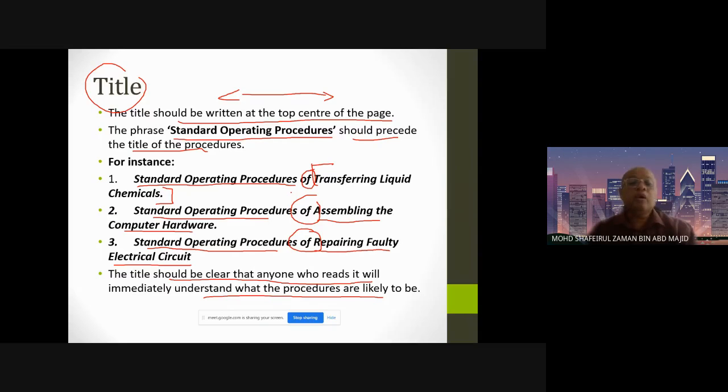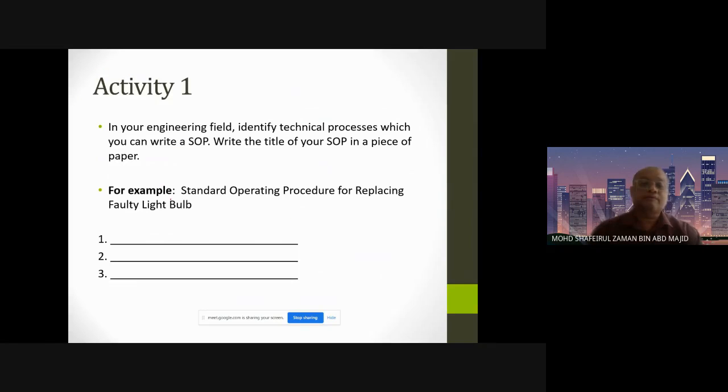So when people refer to the SOP, by looking at the title they will know that the SOP here is only for transferring liquid chemicals. If I am looking for repairing faulty electrical circuit, this is not related, so I'm going to look for the SOP on repairing faulty electrical circuit. So we're not going to do the activities here.